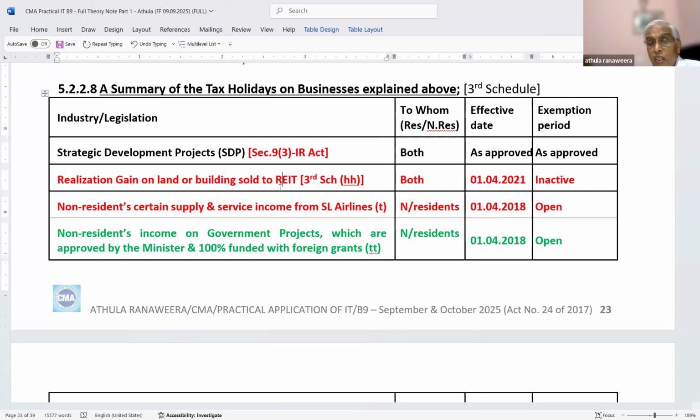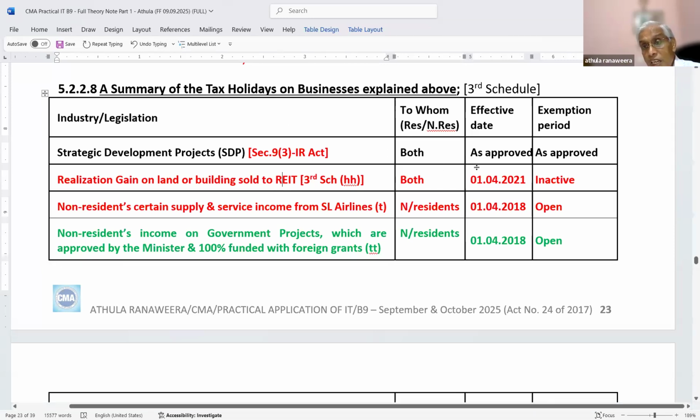They prepared the tax law to suit this. But unfortunately, no company is listed in the Colombo Stock Exchange as a real estate investment trust. Therefore, I have mentioned inactive.